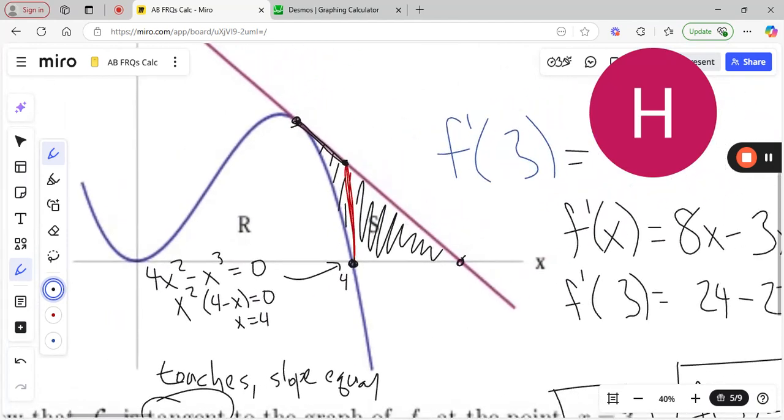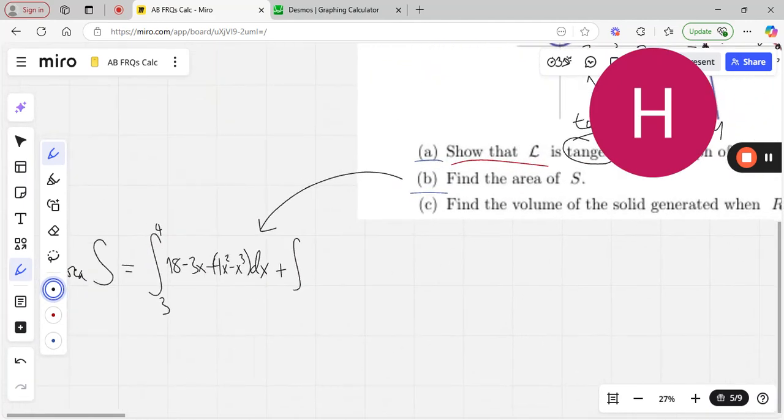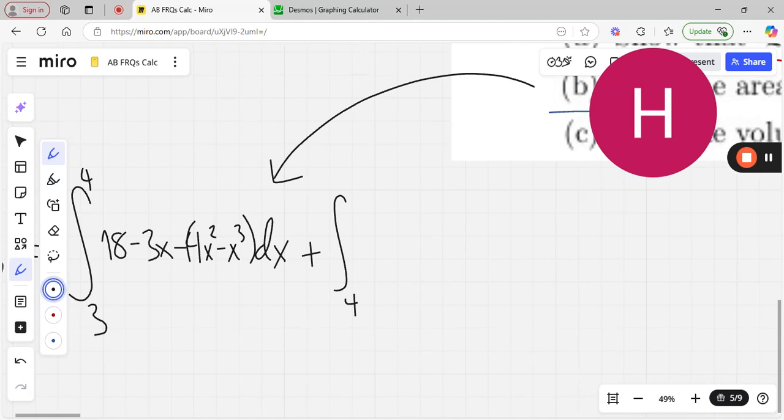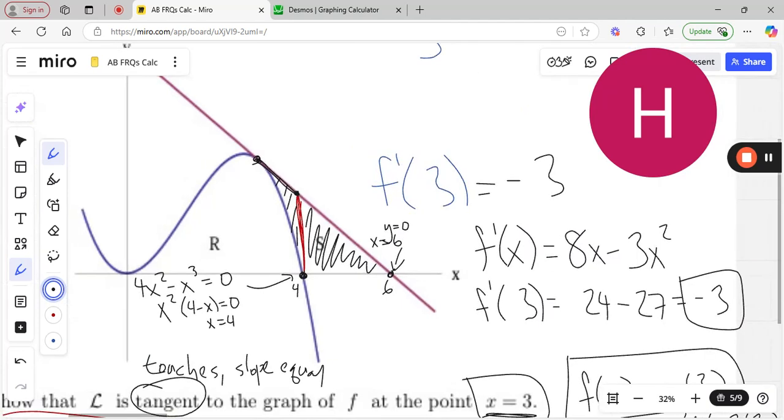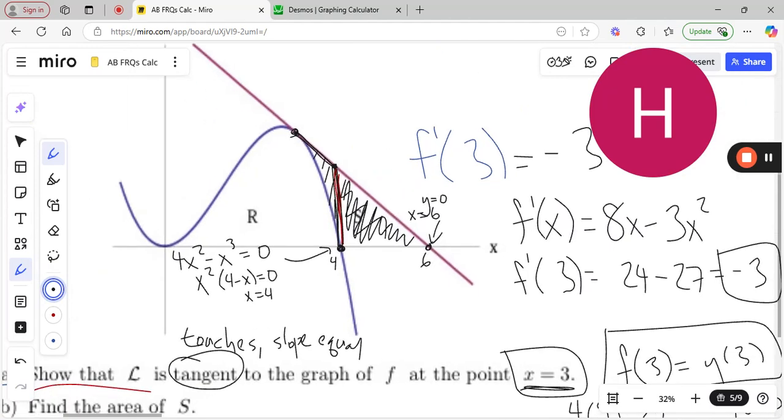Well, this line crosses when y equals 0, which means 18 minus 3x equals 0, which means x equals 6. So we're going to add the integral from 4 to 6 of this line. And really, you could just calculate the area of that triangle very, very easily, because now this is just a perfect triangle with a base of 2 and a height of 6.